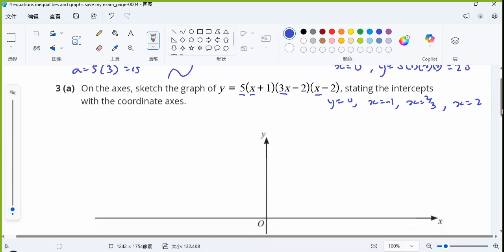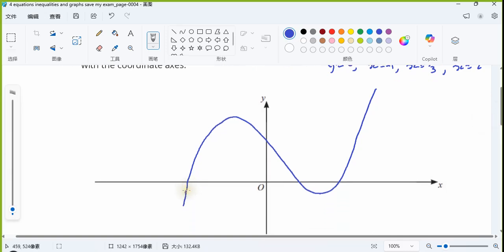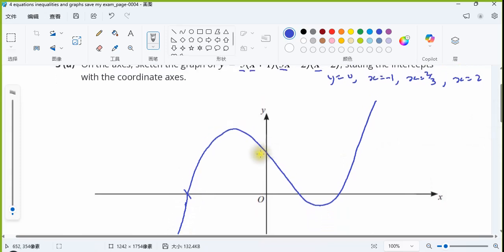So the graph for this will be something like this. This is 20, negative 1, and then we have 2 over 3 and 2.